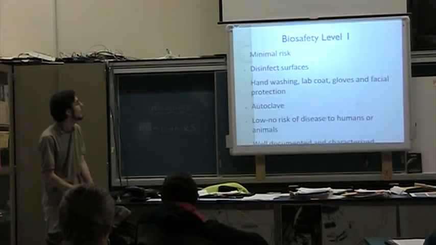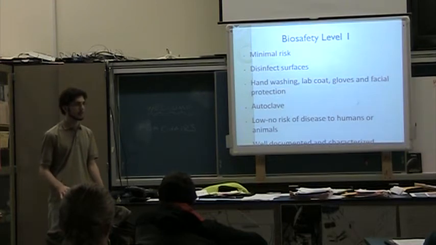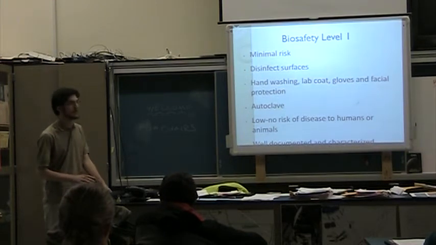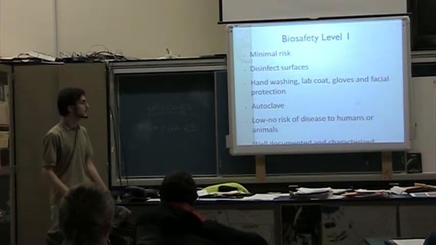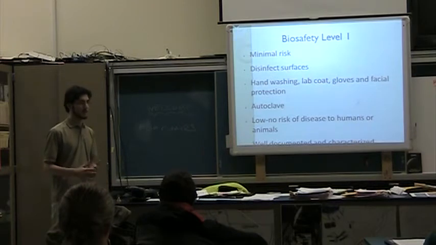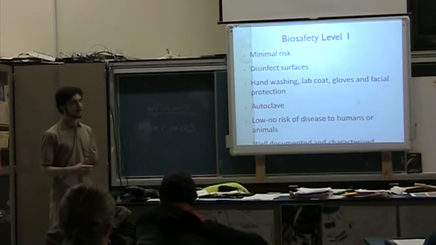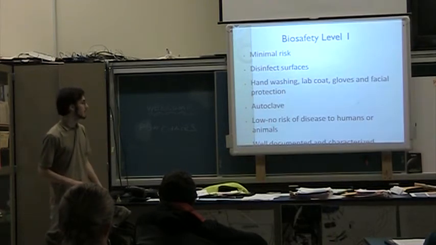Biosafety level 1 is the least risk, and we can actually work with things that fall under biosafety level 1 in this classroom. We need to disinfect surfaces in level 1 facilities, wash hands, and wear lab coats, eye safety, gloves. We have an autoclave, which is very useful for disinfecting and sterilizing things with heat.